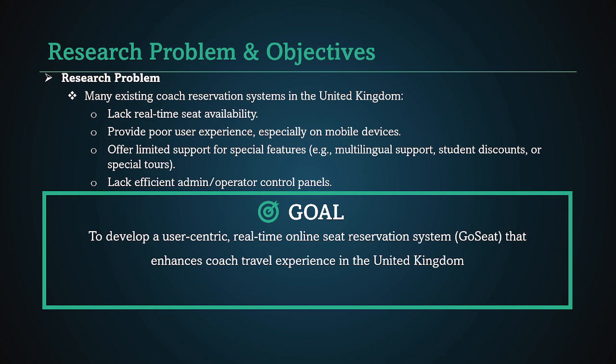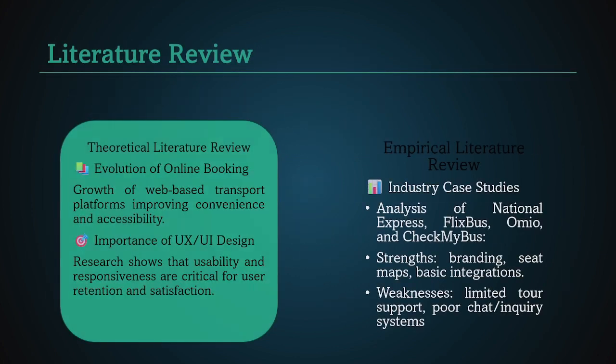So now we'll move to the literature review. I did theoretical and empirical literature review. When researching, I found that online booking systems have grown quickly because they are convenient. And good UI UX designs are very important for user satisfaction.